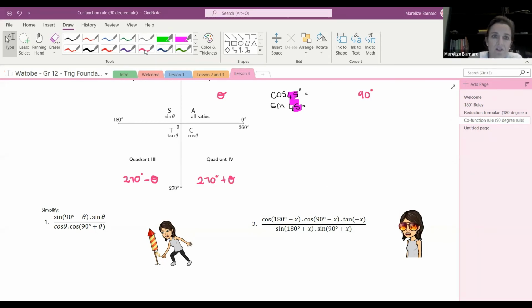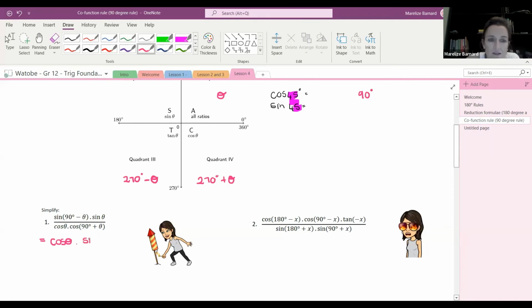Let's have a look over here. Sine of 90 minus theta. Immediately when you see that, you must know that we are now working with the cofunction rule. That means sine must change to cos. 90 minus is the first quadrant, so it is positive.